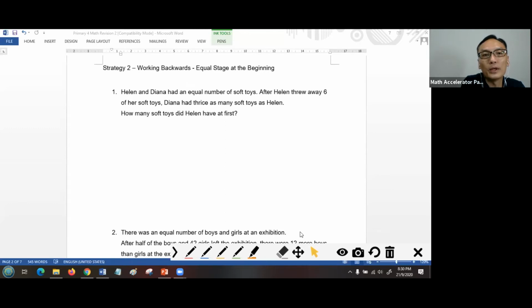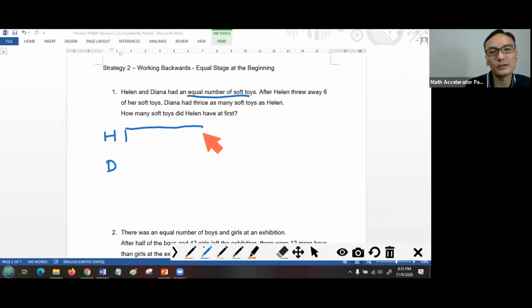After Helen threw away 6 of her soft toys, Diana had thrice as many soft toys as Helen. So how many soft toys did Helen have at first? From this question, both of them have an equal number of soft toys at the beginning. So if they're the same, we draw an equal model to help us solve this question.